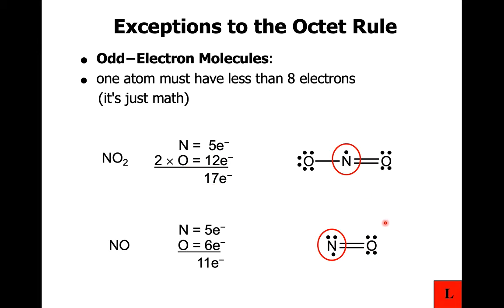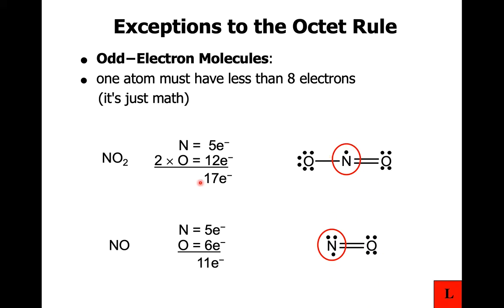Both of these, if you actually have the chemicals, will dimerize and will satisfy the octet on the nitrogen in that way by dimerizing. So NO and NO2 both will dimerize, and both of these are very easy to either add an electron to or remove an electron from.